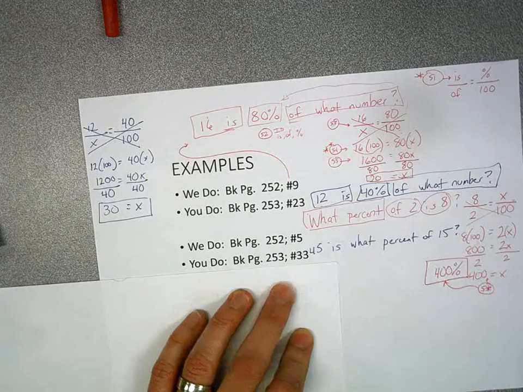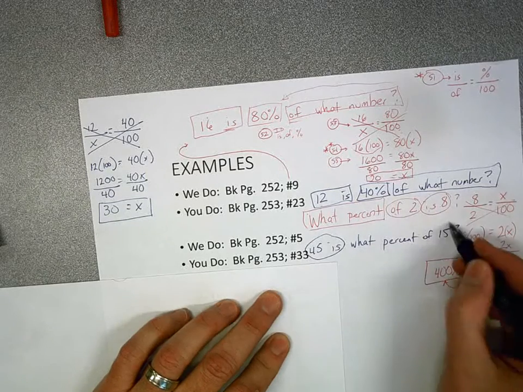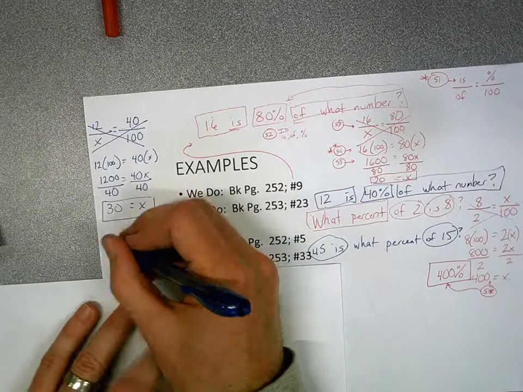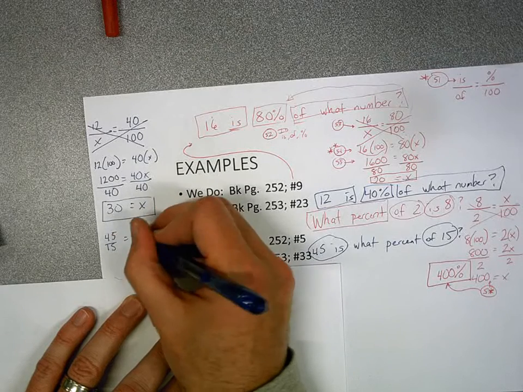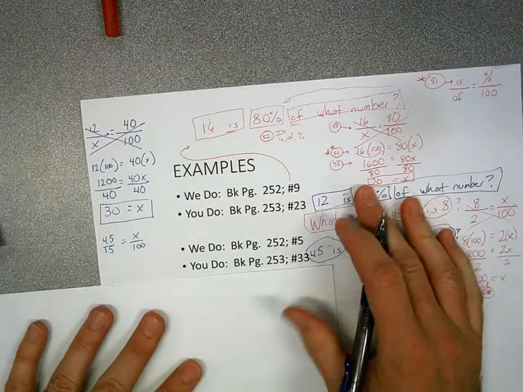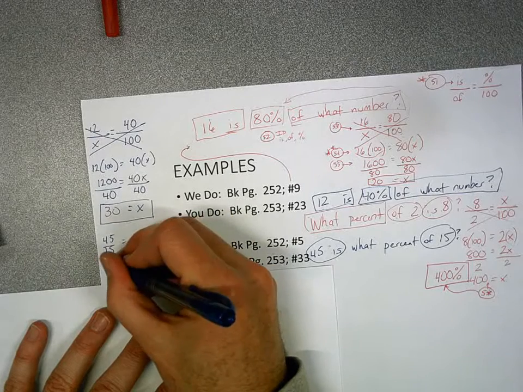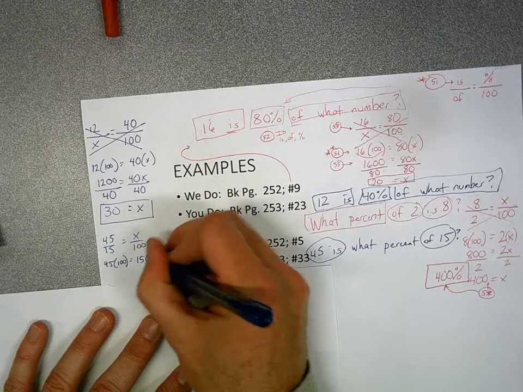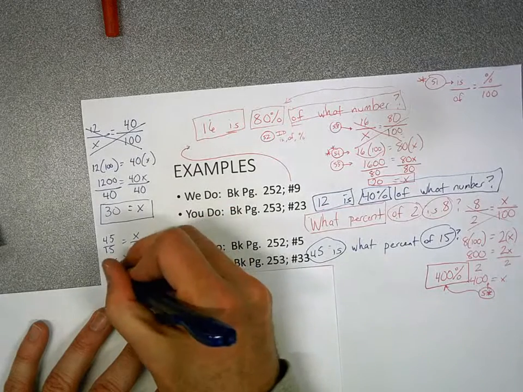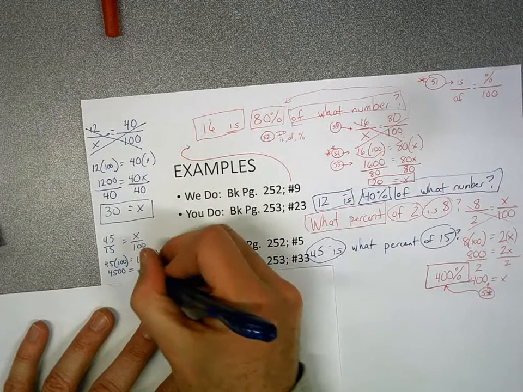So, is over of. You should have had 45 over 15 equals x over 100. We had 45 times 100 equals 15 times x, which gives us 4,500 equals 15x.